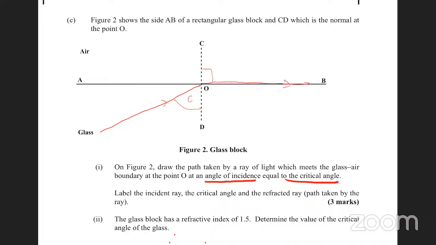Right? 90 degrees. Okay, they wanted to label the incident ray. This is the incident ray. This is your refracted ray. So that's what they want in part 1.